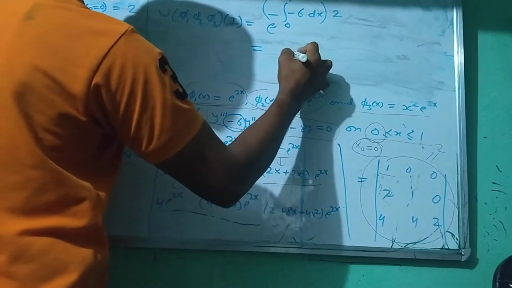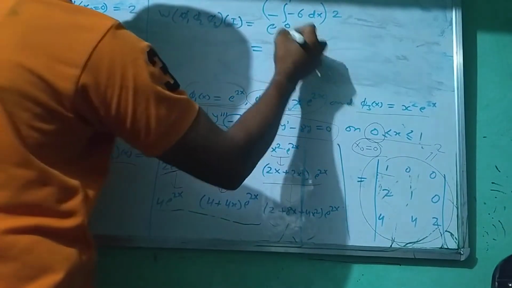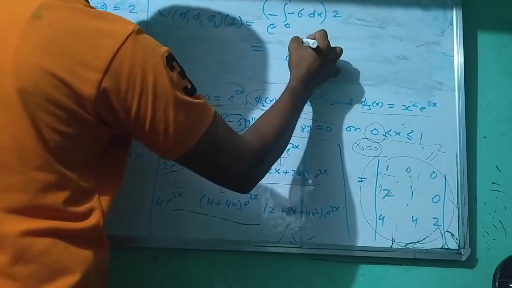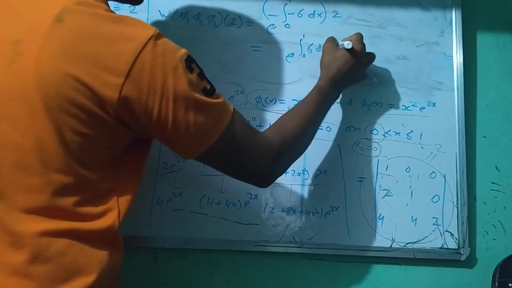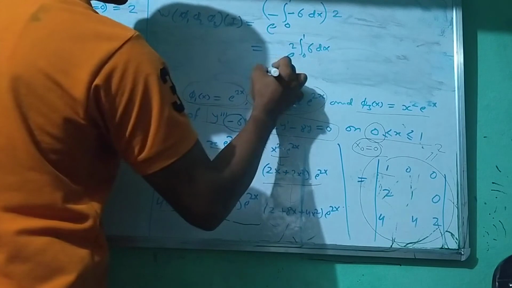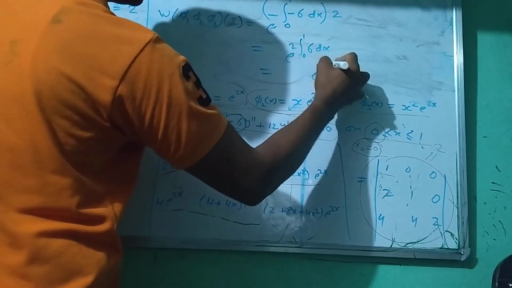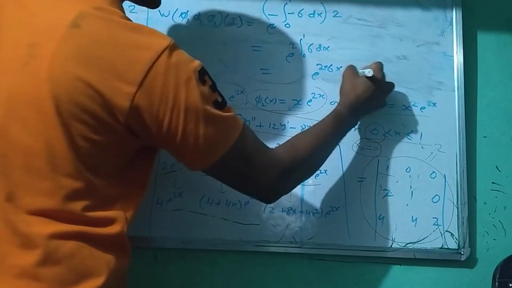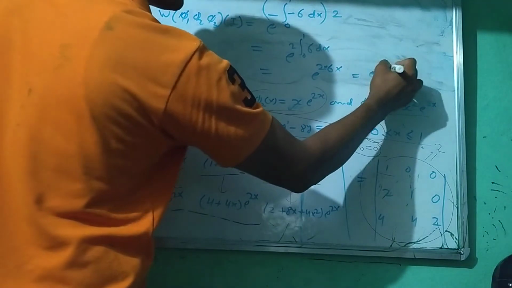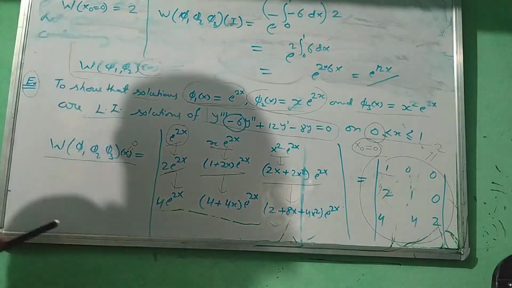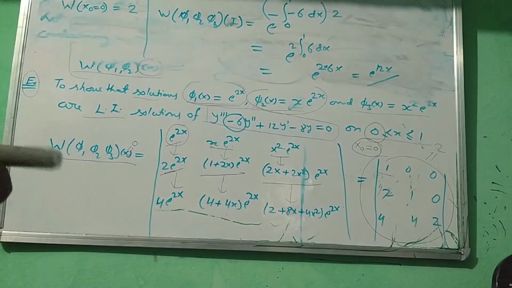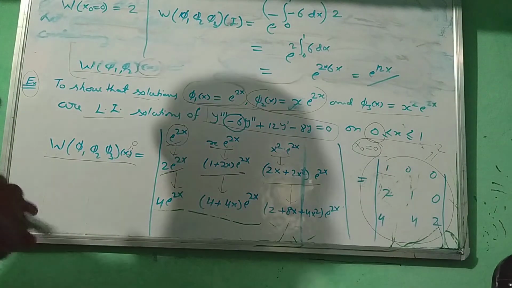Then the answer is the integration from 0 to 1 of 6 dx, times 2. Then it is e to the power 6x multiplied by 2, so the complete Wronskian of this question is e to the power 12x.